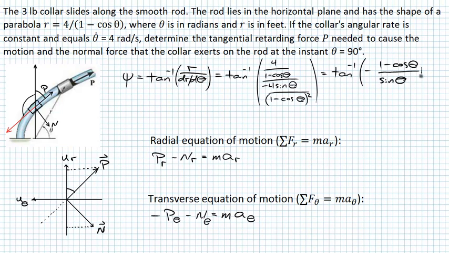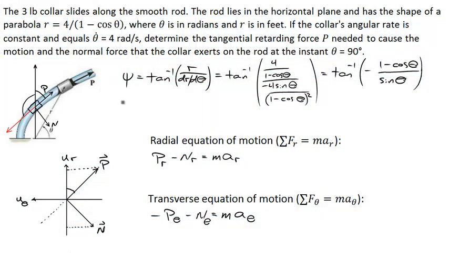I know theta in this case is pi over 2, and when I plug in pi over 2, I'll come up with a value of negative 45 degrees, or negative 0.7854 radians. So according to my kinematic diagram, this angle will be the absolute value of psi, and this angle down here will equal pi over 2 minus the absolute value of psi.